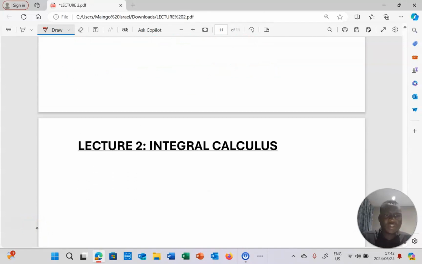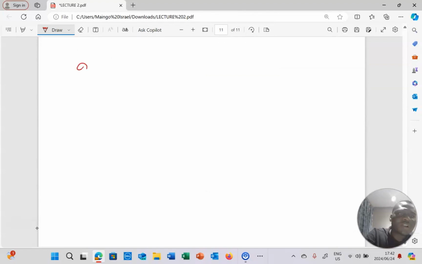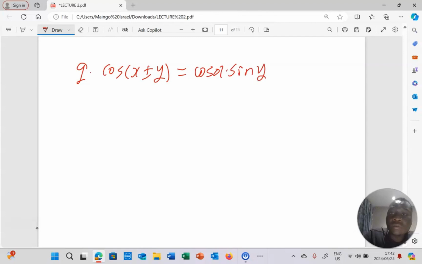So I want to take you back, as there's something I want to rectify. In the trig identities, number 9, I said that cos of x plus or minus y equals cos x times sine y minus or plus sine x times cos y, which is not correct.